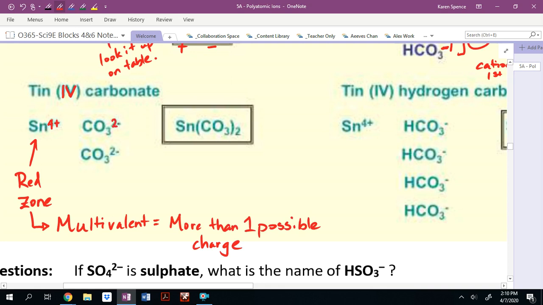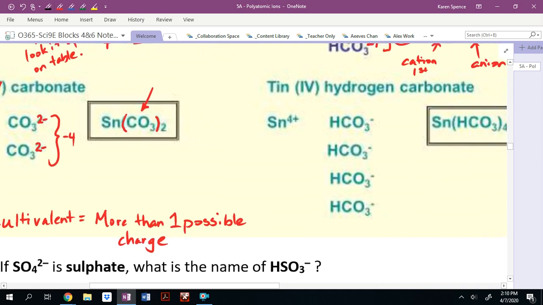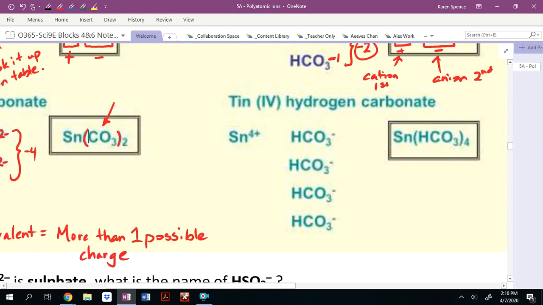Carbonate is 2 minus. So 2 times 2 gives us 4, so that's -4 altogether. And here we have 2 polyatomic ions, so we need to have the brackets. Okay. Tin(IV) hydrogen carbonate. What's our other name for that?